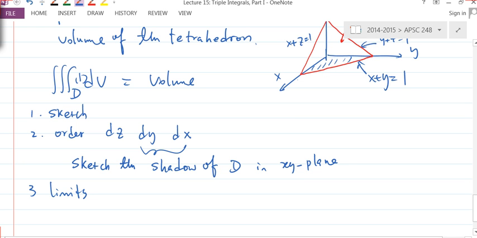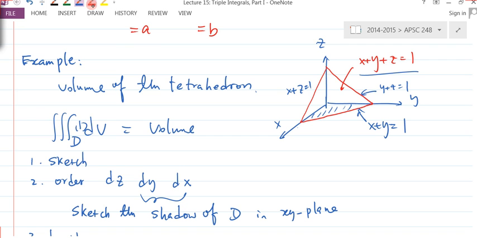And the limits are for the z, for the y, and for the x. It's pretty simple in this case. So we are integrating with respect to z first. What we do is pick a point inside this region, inside this shadow R here.